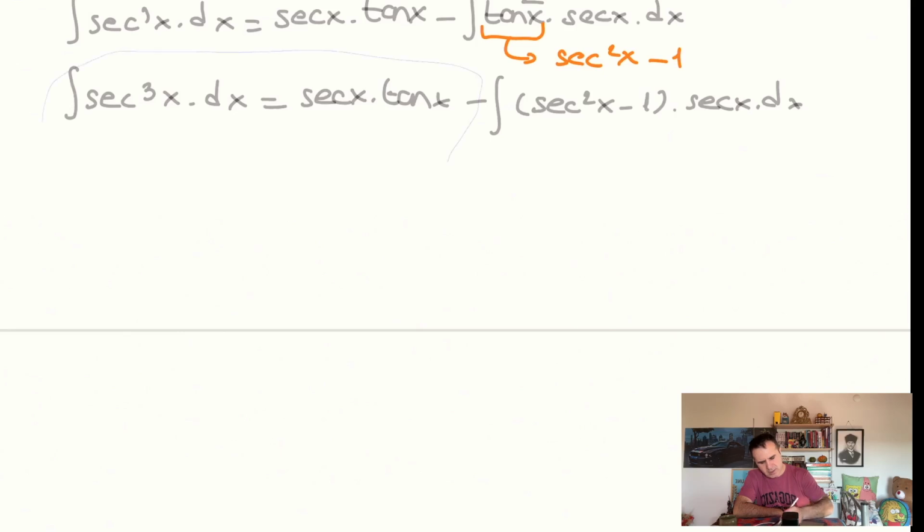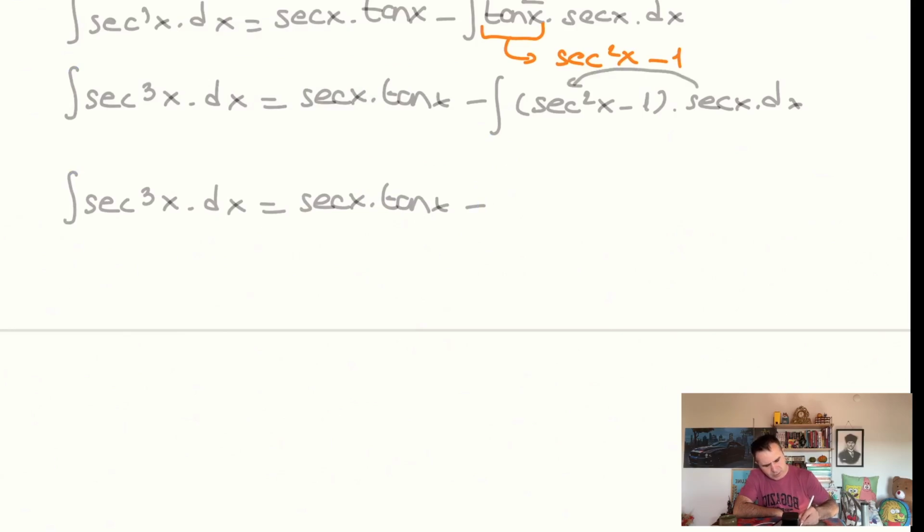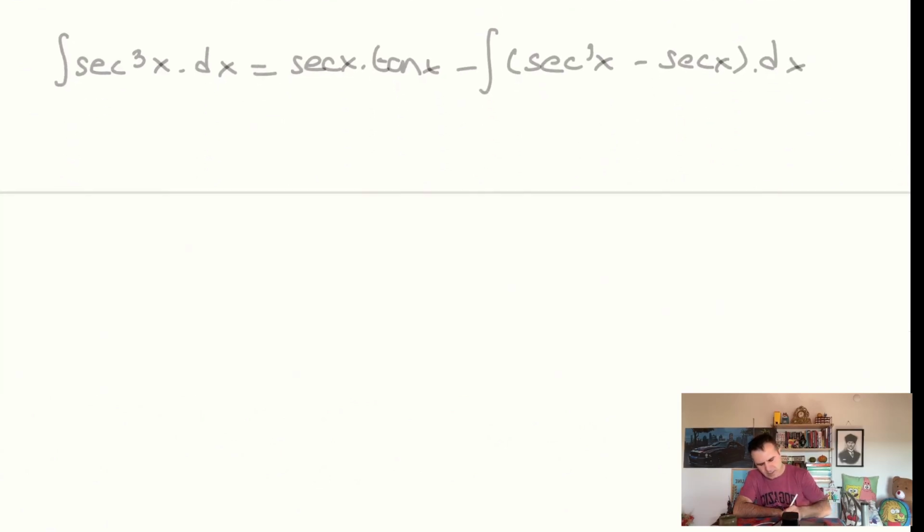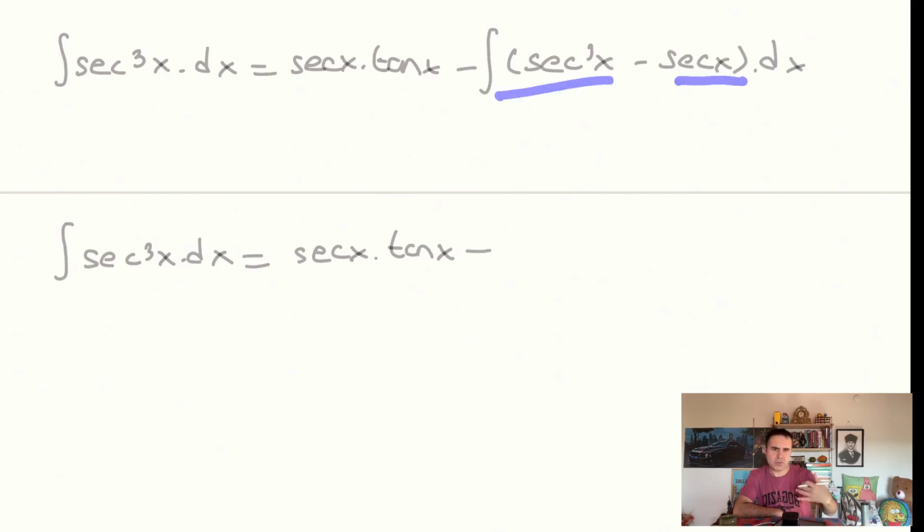Then this will be equal to the integral of sec cube minus sec x dx. Then the integral of sec cube dx is equal to sec x tangent x, and here we split the integral again into two parts.